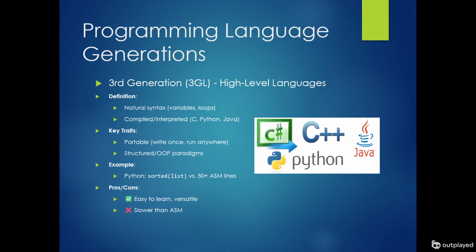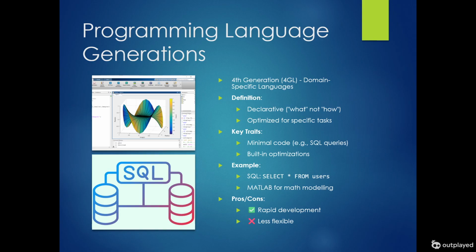And moving on to the fourth generation language, or the 4GL. 4GL languages are domain specific and focus on specifying desired outcomes. Examples include SQL for databases and MATLAB for numerical computation.